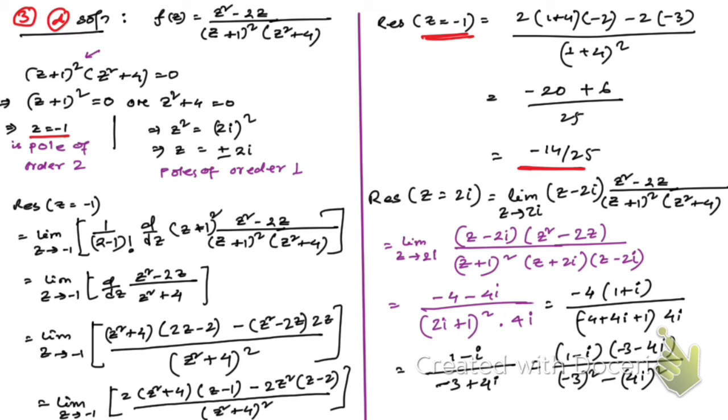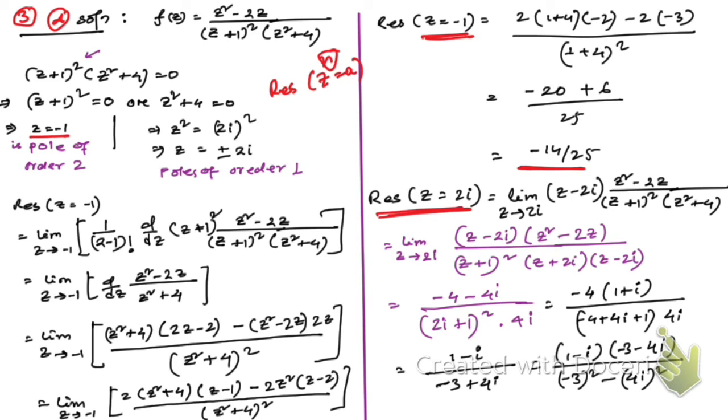Okay, similarly we have got the residue at z is equal to 2i, so I have written it on the other side. Again I have applied the same formula that I have already told you: residue at z is equal to a, which is, suppose, an nth order pole.